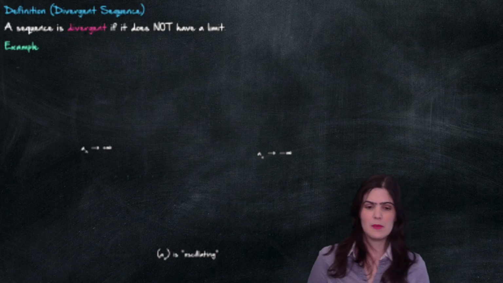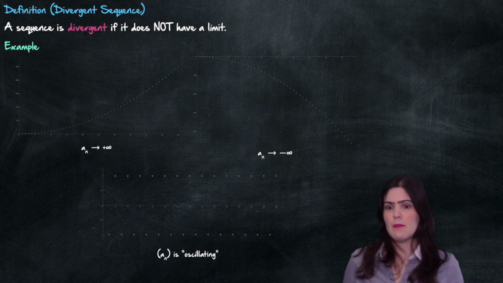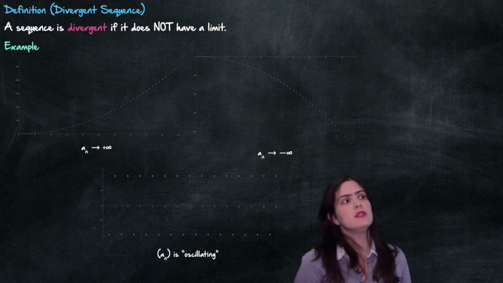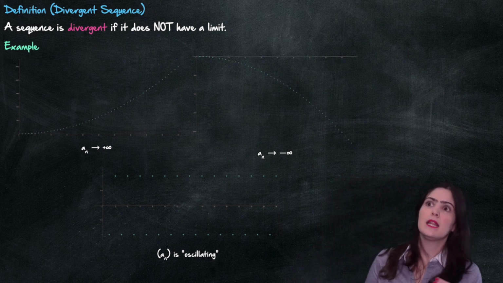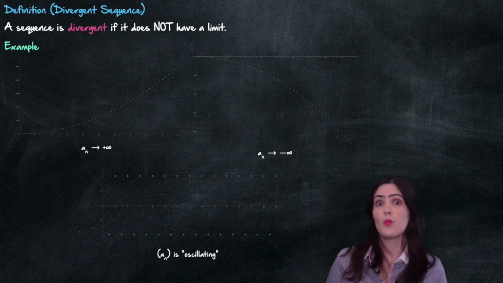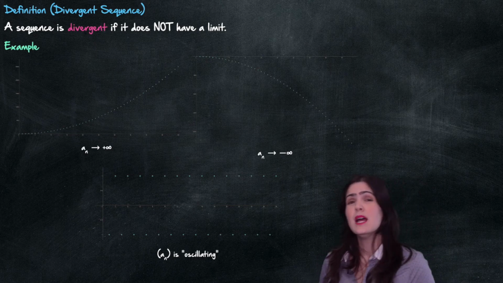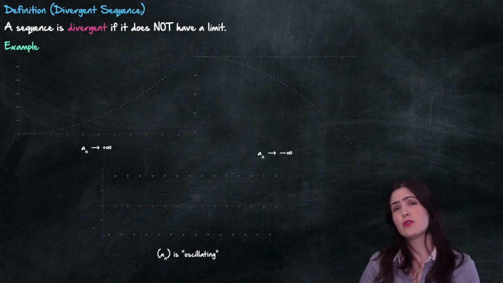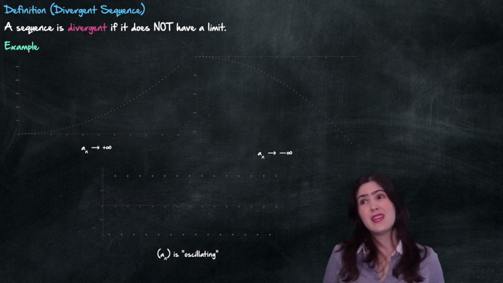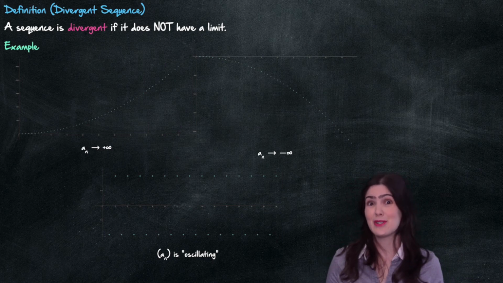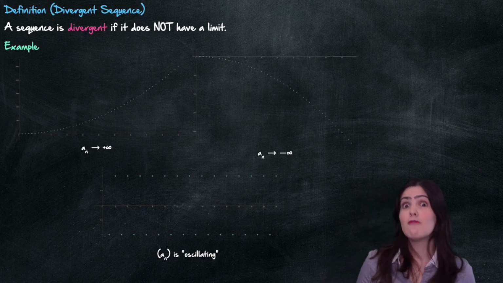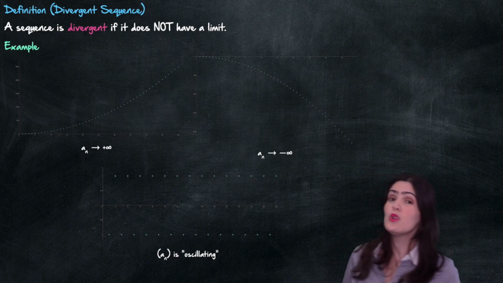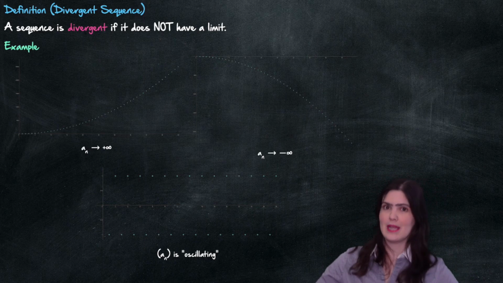I'm going to give you here some examples. Remember, the limit has to be a real number. So if it tends to infinity, infinity is not a real number, so we cannot say that the sequence converges. And the same thing, if we have a sequence that converges to negative infinity, we cannot say really that it converges. So it is wrong to say converges to negative infinity. We just say diverges to negative infinity.